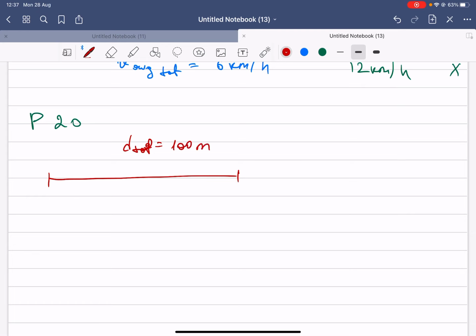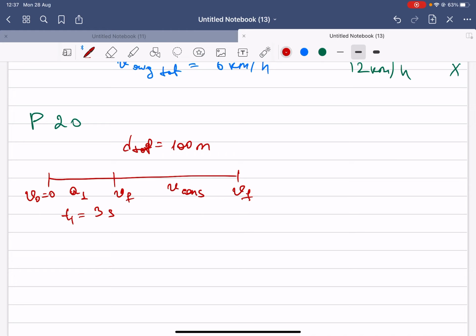We know that a certain part, let's call this acceleration 1, was covered in a time of t1, which is 3 seconds. The rest of it was moving with a constant velocity, so v constant. That means if you take this as a v final and this is v final, they are the same. However, we have here v initial, which is equal to 0, because it started from rest.